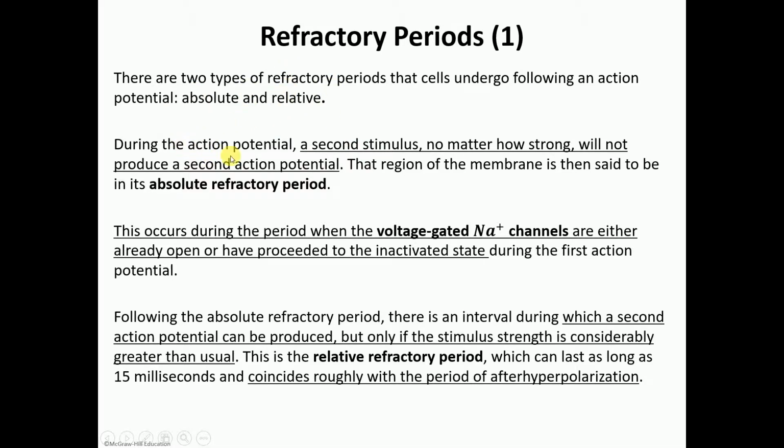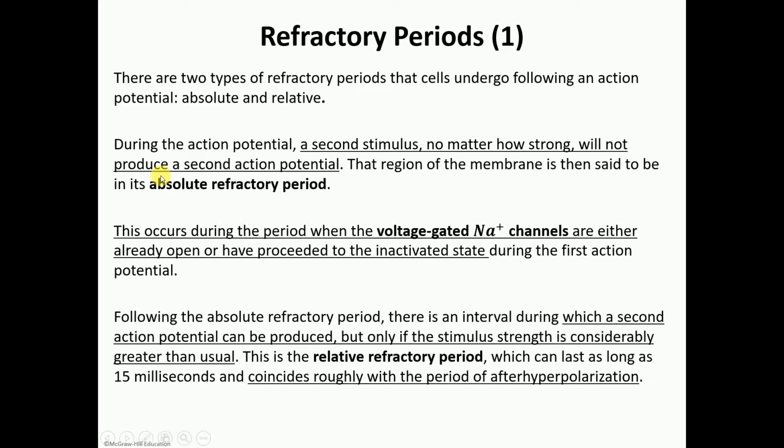So during the absolute refractory period, the nerve will not respond no matter how strong that stimulus is. Okay, so there is complete stubbornness on the side of the nerve. A second stimulus, no matter how strong, will not produce a second action potential. That again is known as your absolute refractory period.